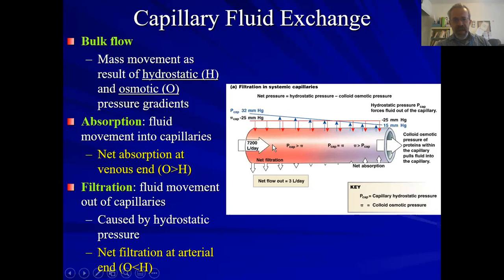At the arterial end, the hydrostatic pressure, which is this one in blue, is greater than the osmotic pressure, which is this pi capillary. What does that mean? That's the osmotic pressure. That means that the pressure is greater to drive the fluid out than it is to pull fluid in. As a result, we get what's called net filtration. Blood is going to leave the capillary at the arterial end.